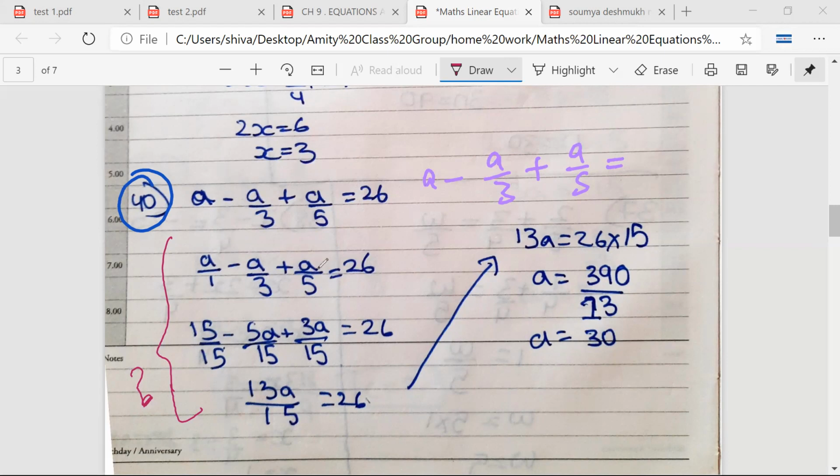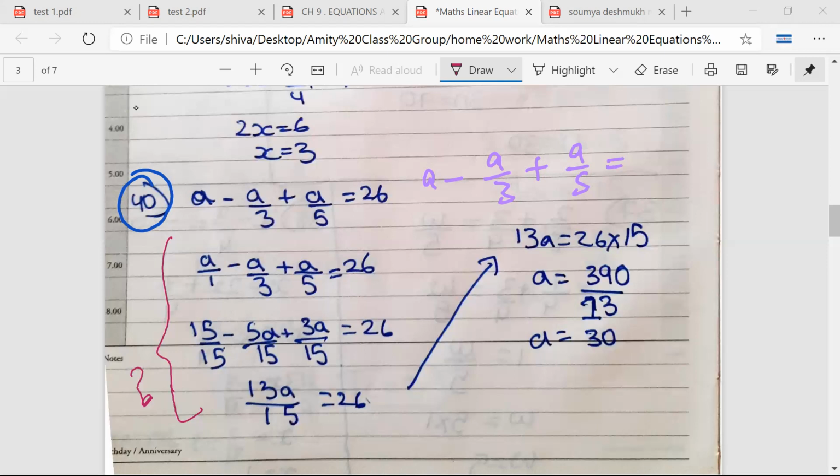Sanu ji, what do you want to do here? I have to make the denominator the same. Yes, so this should be 15a upon 15a, right? Yeah. Okay?